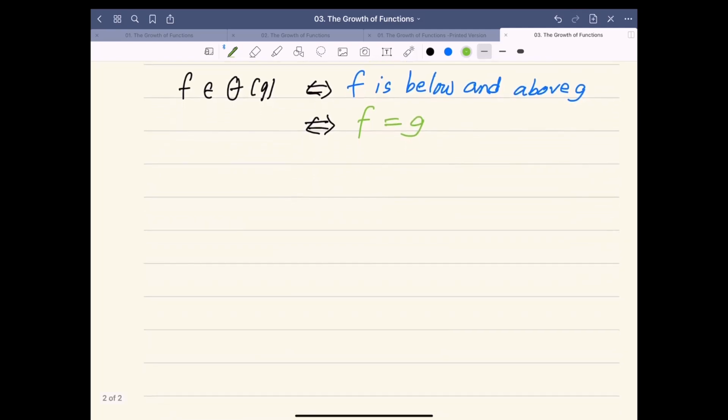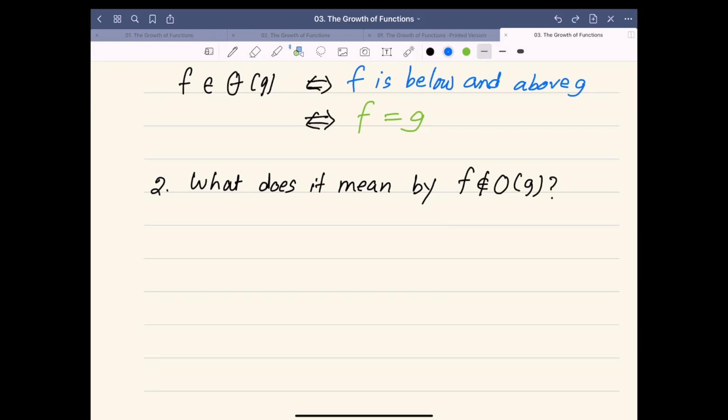Now, our next remark, number 2: what does it mean to say that f does not belong to big O of g? To answer this question, we will use graphs.